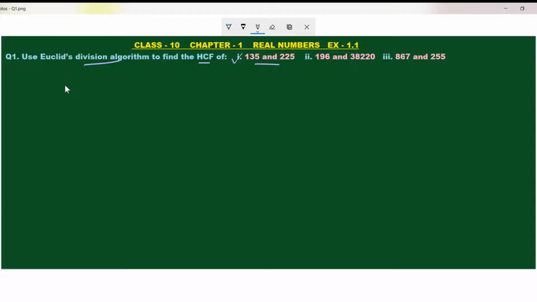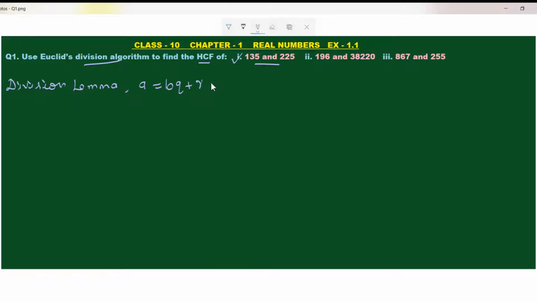First recall what is division lemma. Division lemma is a = bq + r, where a is dividend, b is divisor, q is quotient, r is remainder.